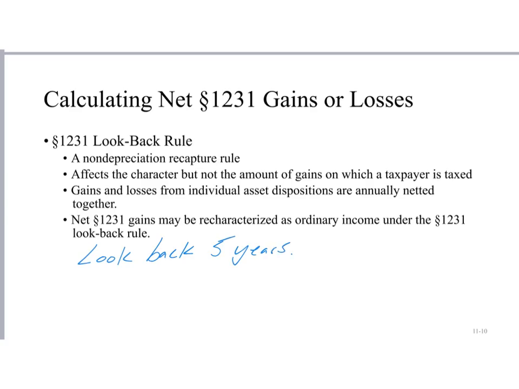And what you have to do is look back 5 years and see if you were able to deduct 1231 losses as ordinary losses. If in the last 5 years you've deducted Section 1231 losses as ordinary, then any of your Section 1231 gains that you would like to recognize are recaptured as ordinary.